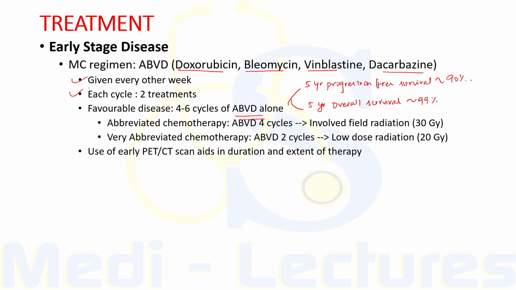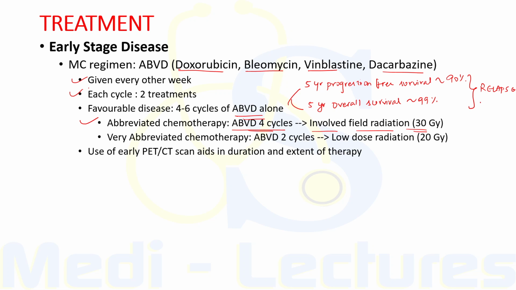Now this ABVD alone is associated with a slightly increased risk of relapse when we compare it to the abbreviated chemotherapy regimen. So in this abbreviated chemotherapy, 4 cycles of ABVD are followed by involved field radiation of 30 Gray.